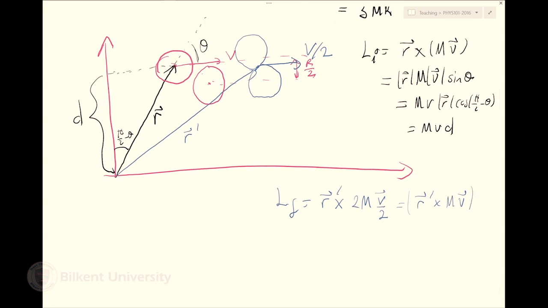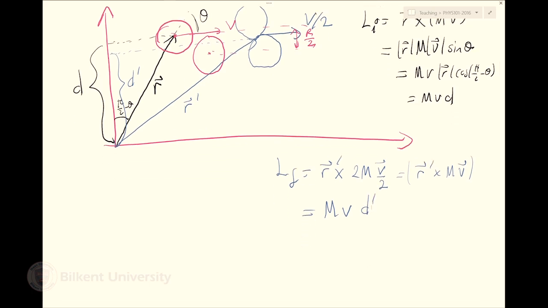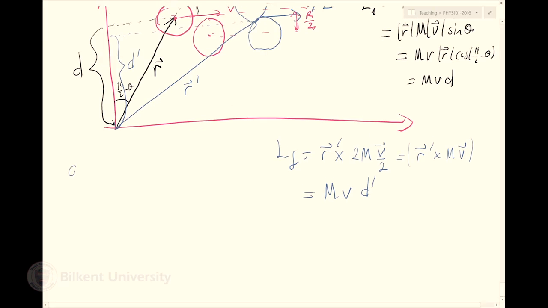But now, the red vector was going to the center of mass of the first disk. The blue vector is going to the center of mass of the combined two disks. It's going to the contact point. So I can do the same thing. Let me call this d prime. So I will do the same thing. I'll just write this as m times v times d prime. What's the difference between d and d prime?